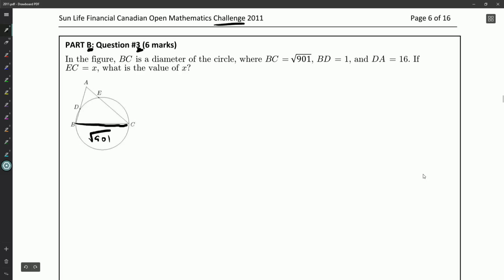Just thinking aloud. BD is 1, and DA is 16. I'm going to assume that this is a straight line. They don't say it anywhere, but they're kind of tight-lipped about their information. If EC is X, what is the value of X?